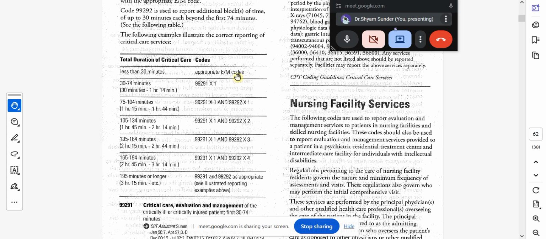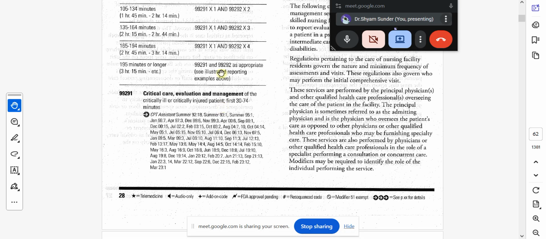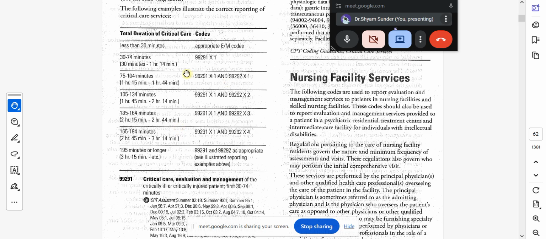If the patient is in office, new patient 99205, established patient 99215. That's what it is. Understood, right? So this is about critical care services.